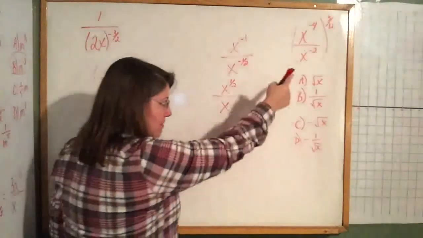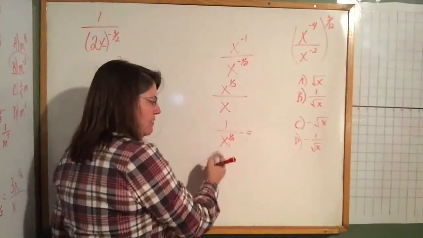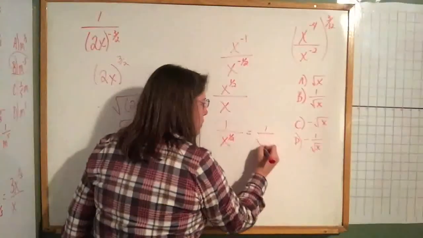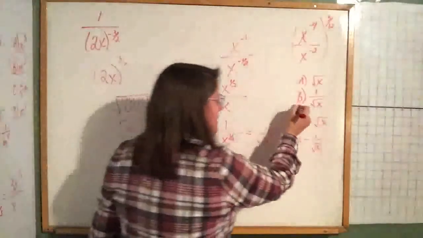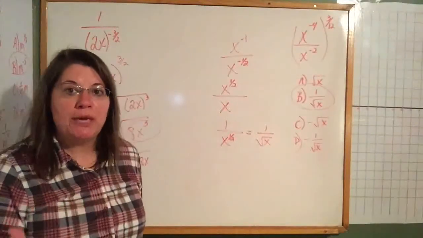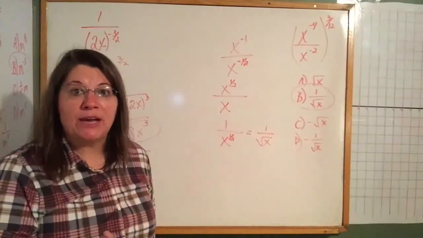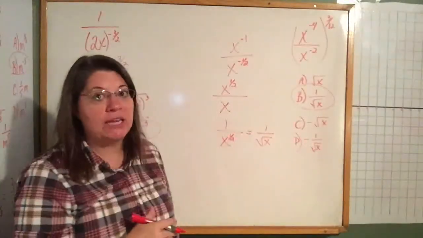I still haven't matched it yet, but if I convert this to a radical, that's 1 over the square root of x. And I see that that is answer choice B. So which one you pick and how you simplify your answer is going to depend on how they have presented your choices.